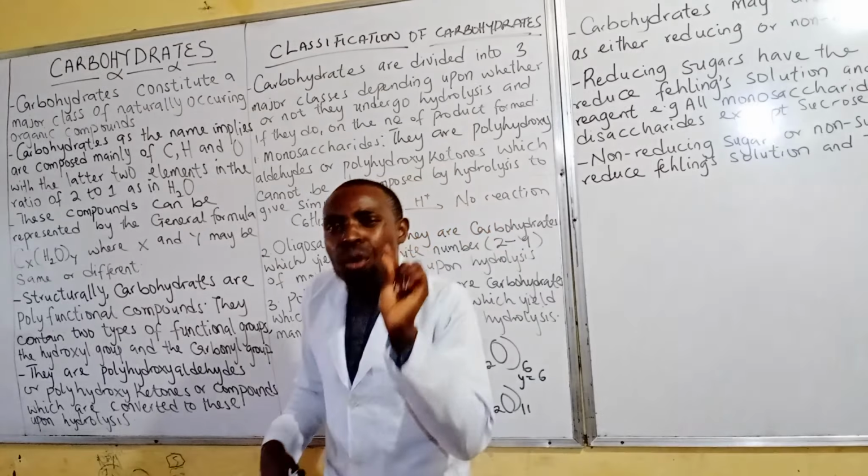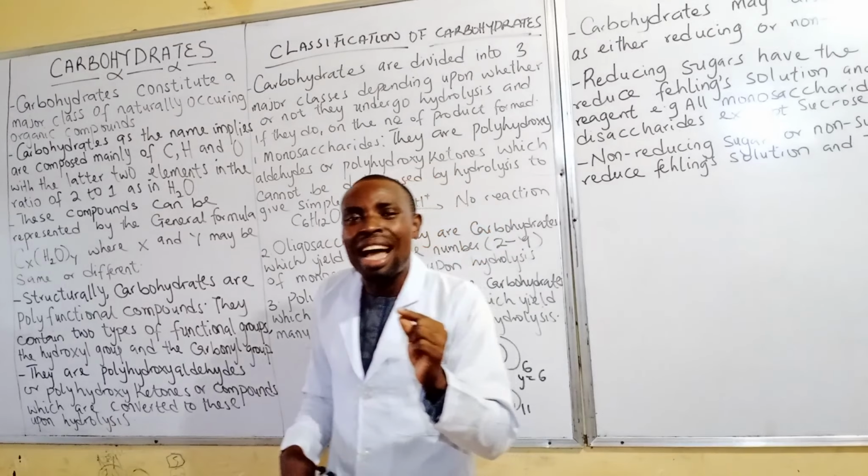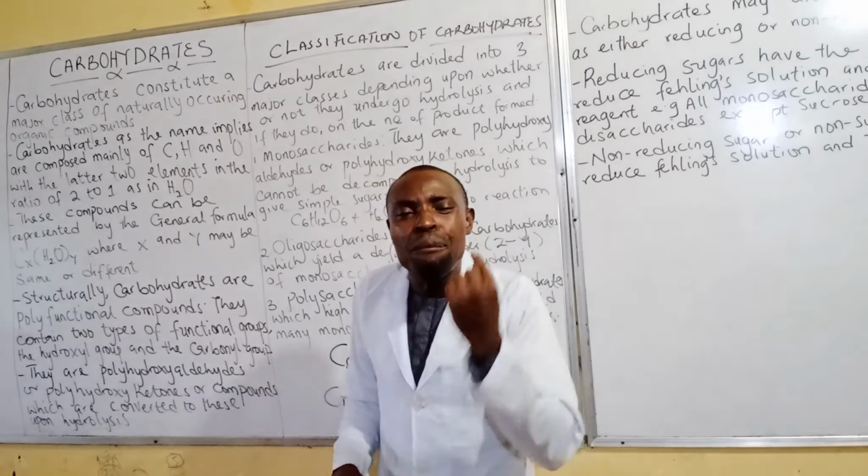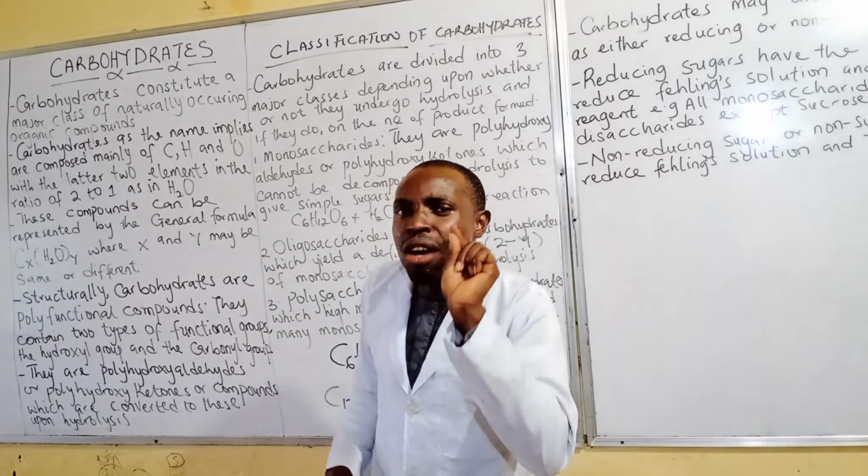Now we move quickly to understand that structurally, carbohydrates are polyfunctional compounds. And when we have the word polyfunctional, it simply means that it consists of more than one functional group.